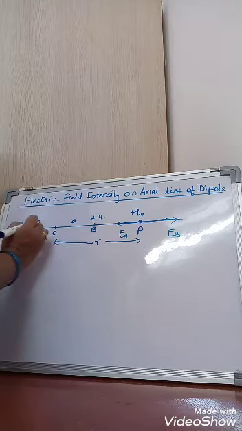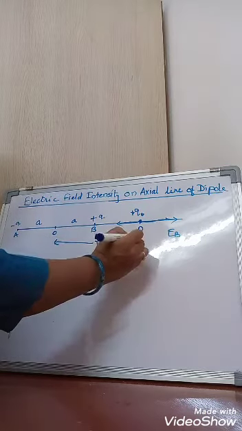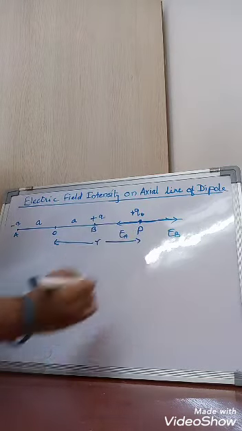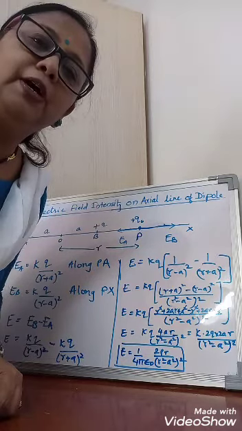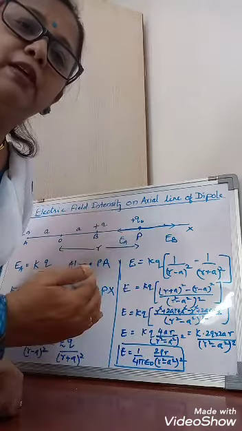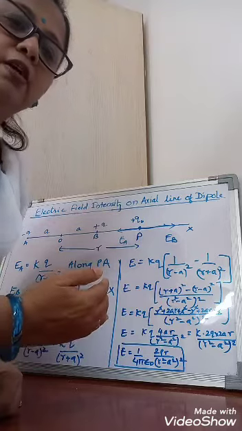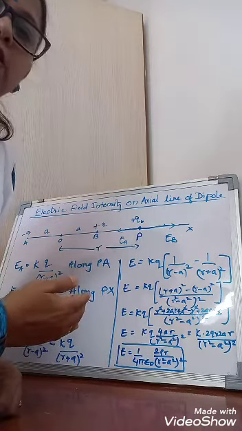This distance is a, this is a, and the distance from the center of the dipole to the given point is r. Now the remaining part of the derivation is some mathematical calculation. I will just explain how it is done.